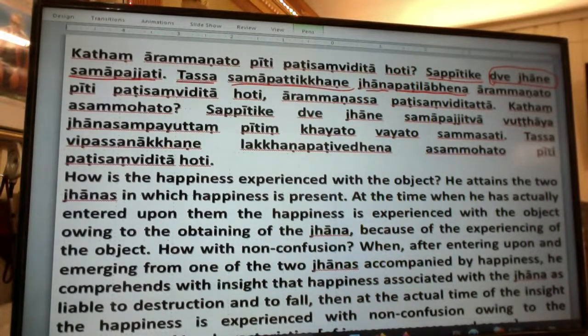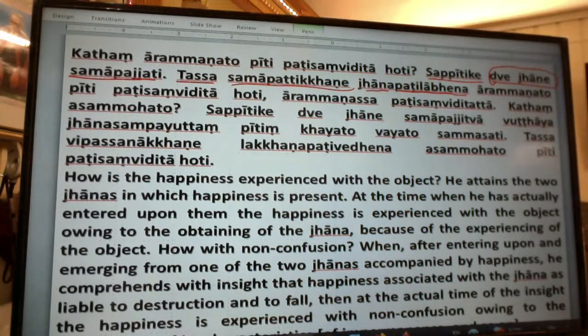So there are two different kinds of jhana, first jhana and second jhana, which are sappitika, with the piti working. If first jhana is present, the attainment is just first jhana samapatti. If second jhana is present, the attainment is second jhana samapatti.